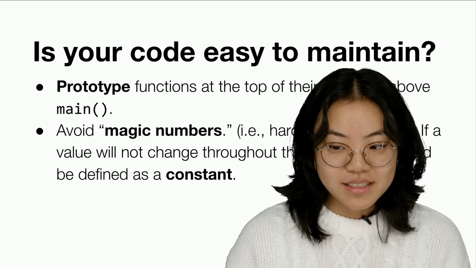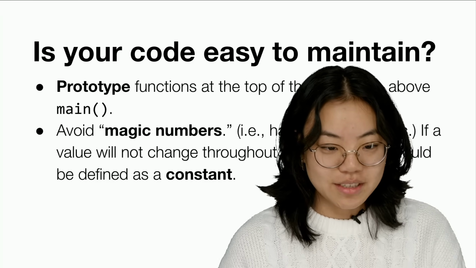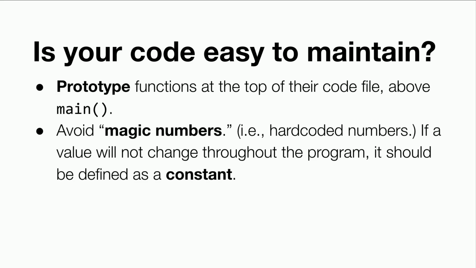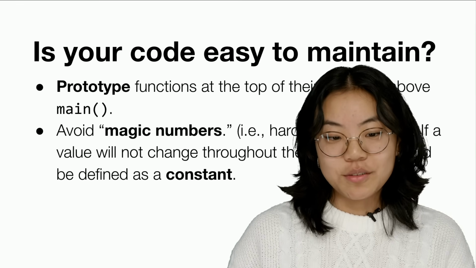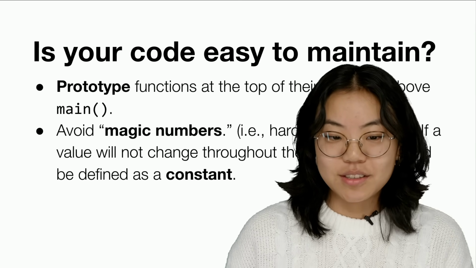Another thing we like to note is to avoid magic numbers. So what does that mean? Magic numbers we think of as hard-coded numbers. So these numbers that might seem a little bit arbitrary, and their value will not change throughout the program. And so if that's the case, we encourage you to use constants, so define that as a constant.